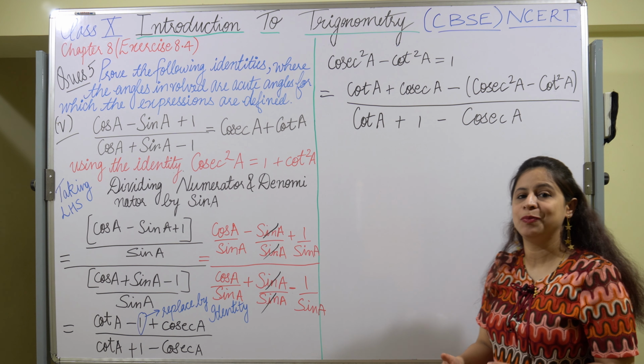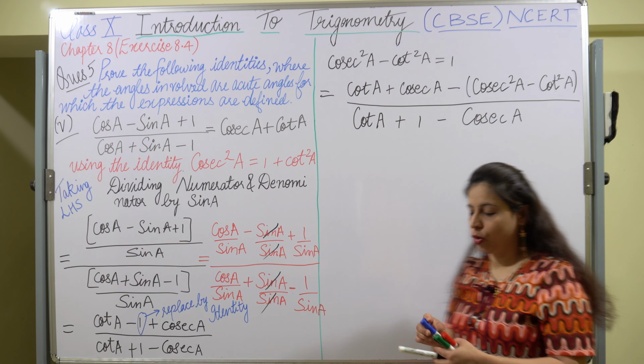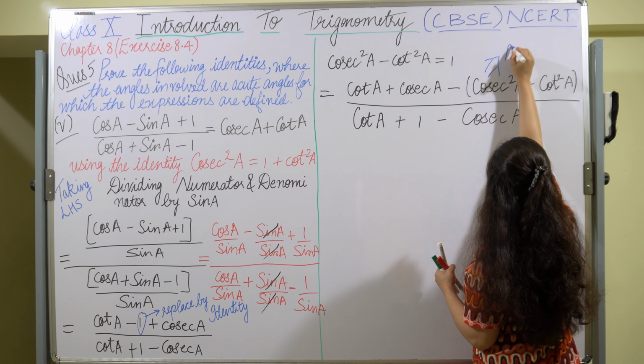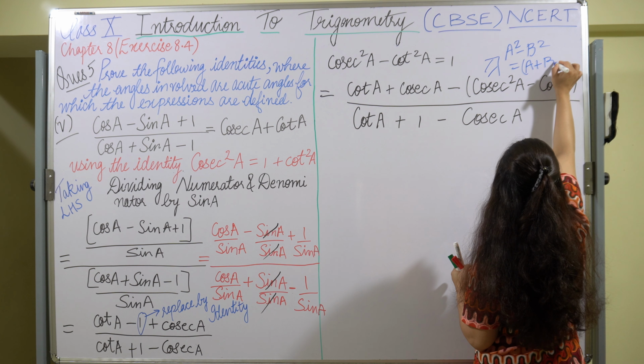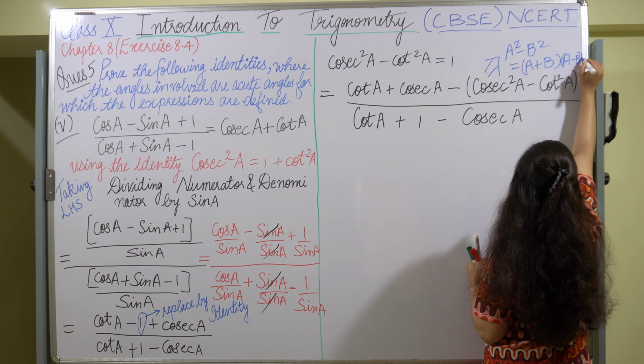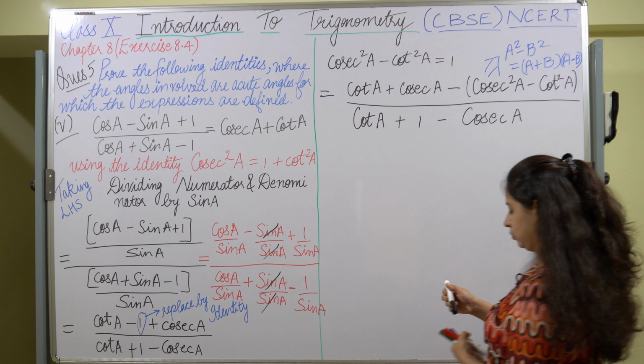A square minus B square is always given by A plus B into A minus B. So let us open it.